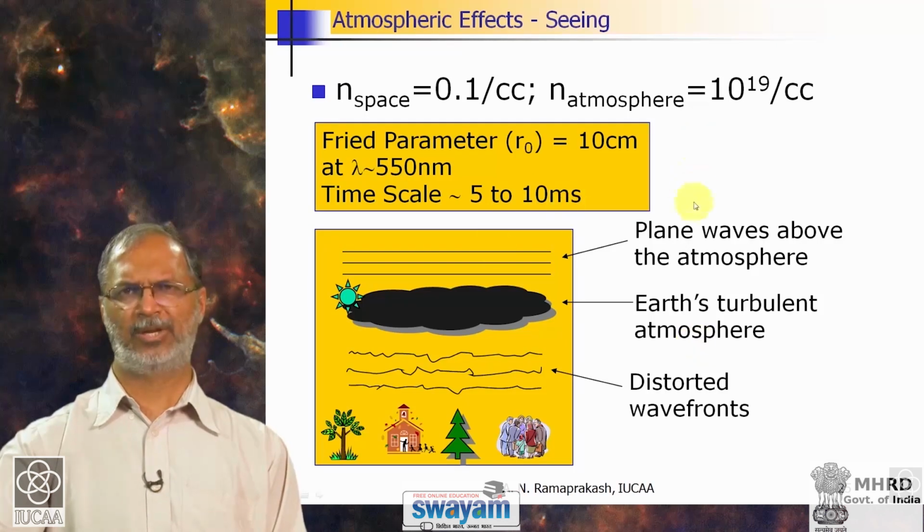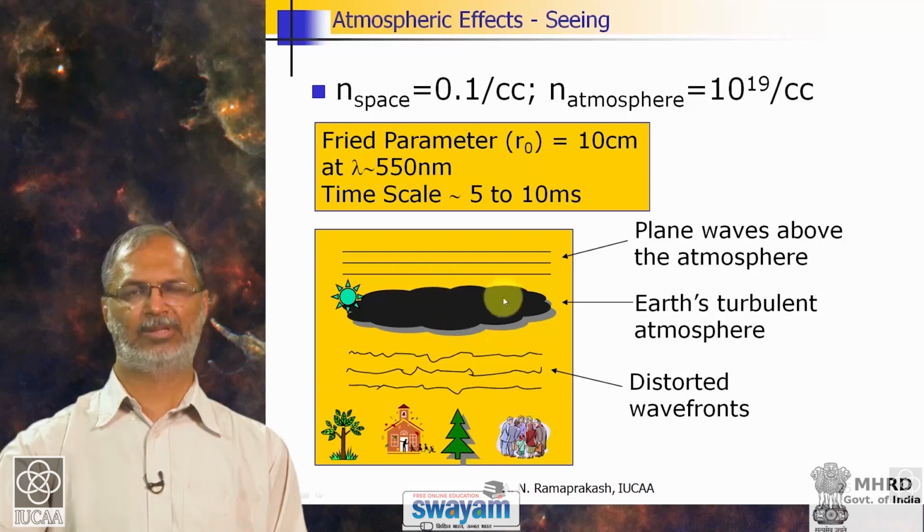Clearly, if two rays are passing right next to each other through the same part of the atmosphere, smaller than 10 centimeter, they will roughly pass through the same effective distance. So, this indicates the size scales at which the atmosphere decorrelates the effective path length of rays passing through it.